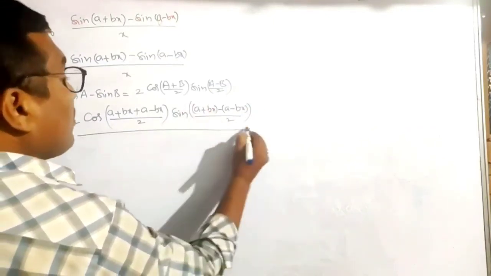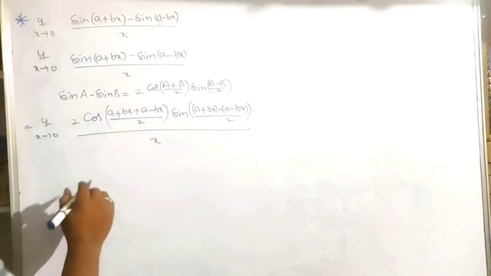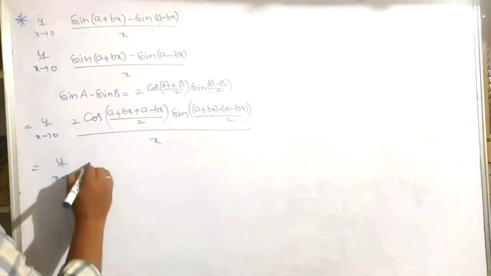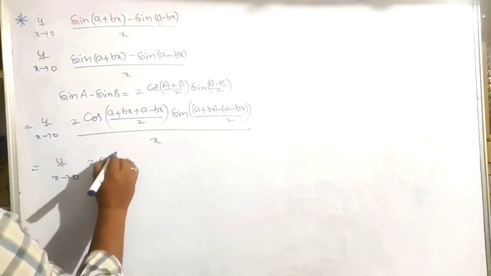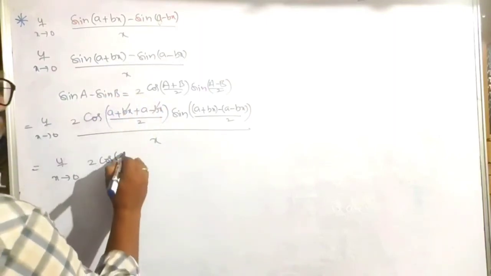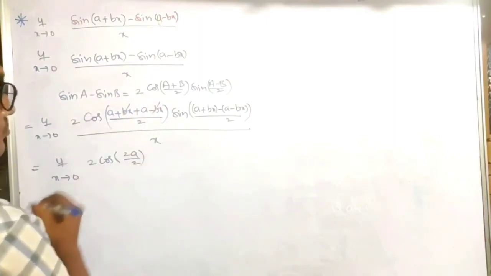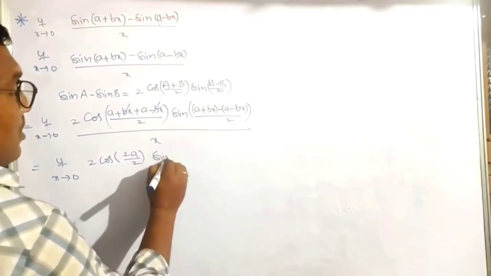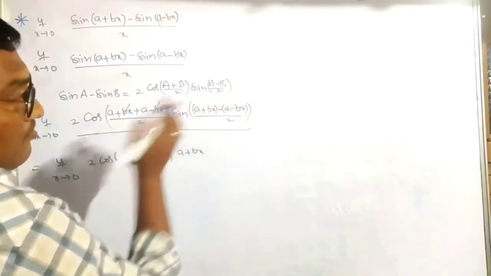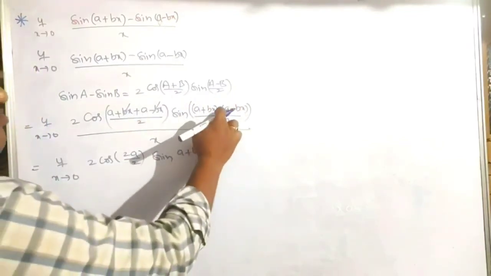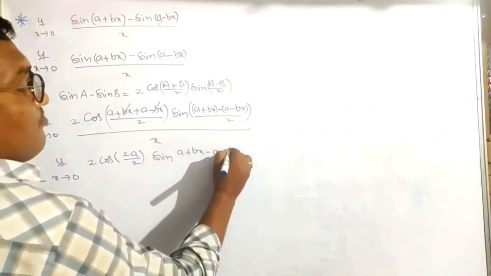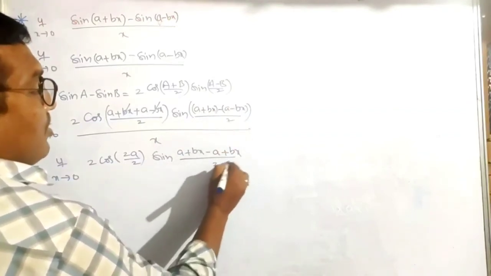by x. Now see here, limit as x tends to 0 of 2 into cos of: bx gets cancelled, 2a by 2, into sin of (a plus bx), take the minus inside, minus into plus is minus a, minus into minus is plus bx, by 2.